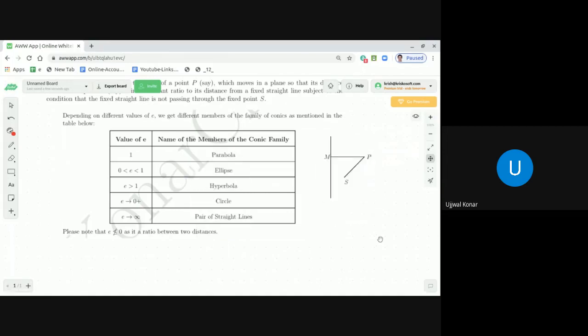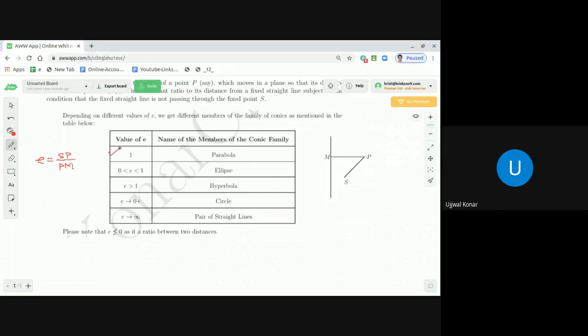And dear students, what is E? E is nothing but SP by PM. Now, dear students, if that value of E is equal to 1, we can say the curve traced out is a parabola.